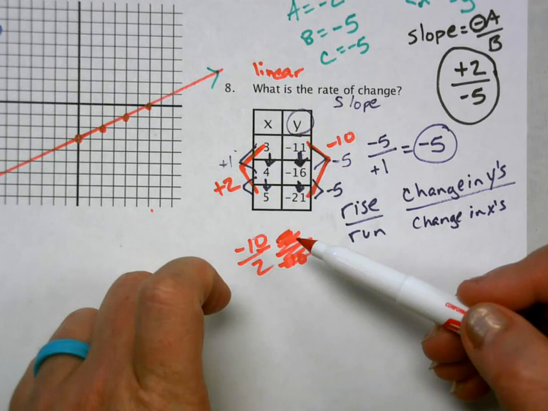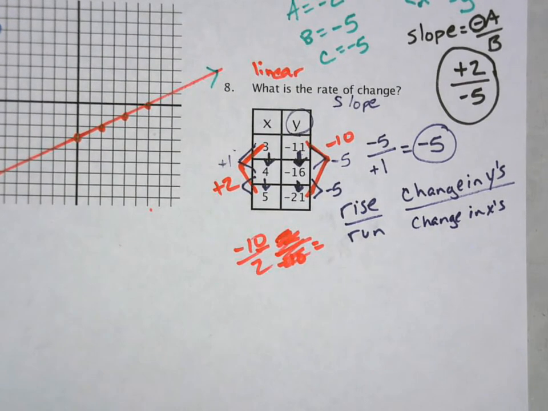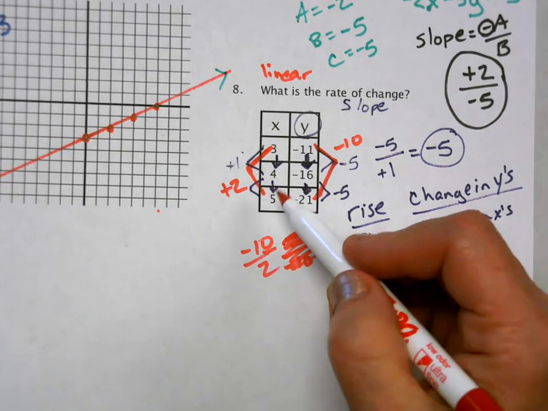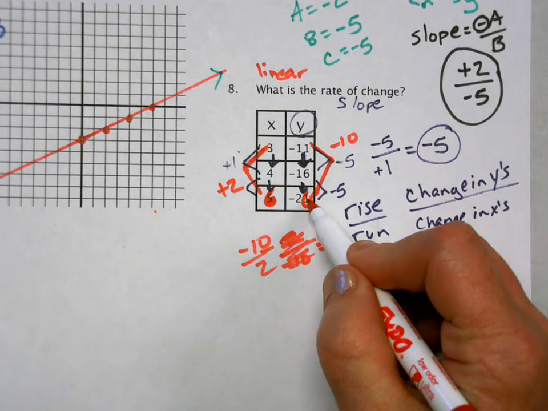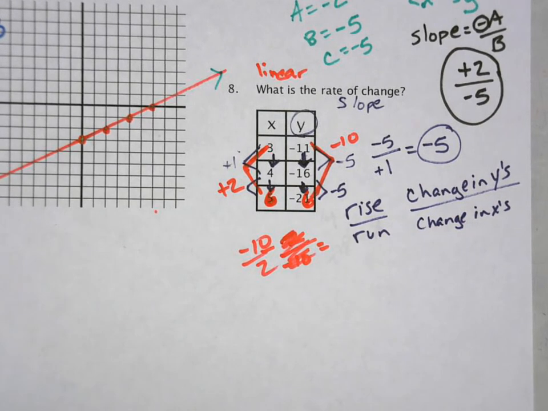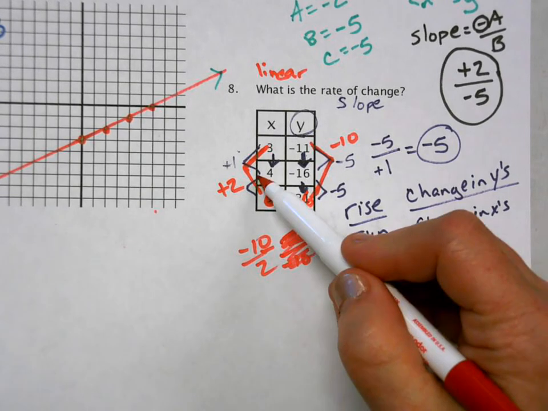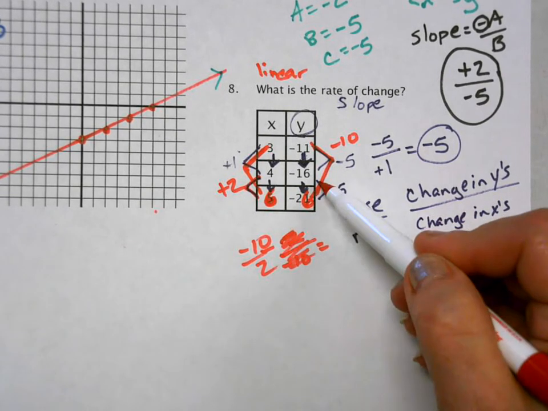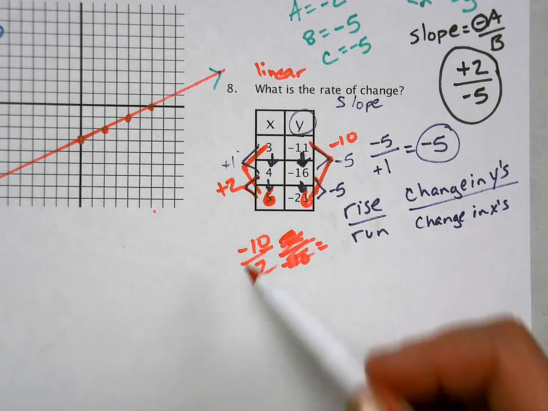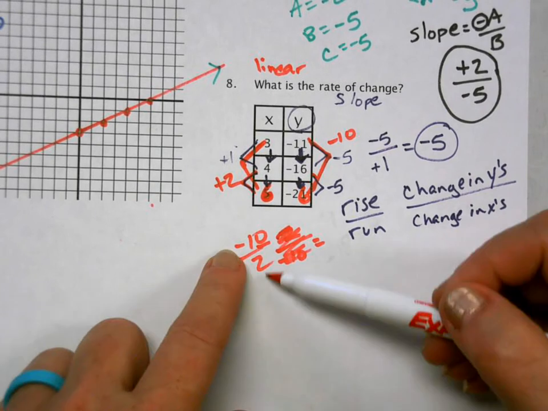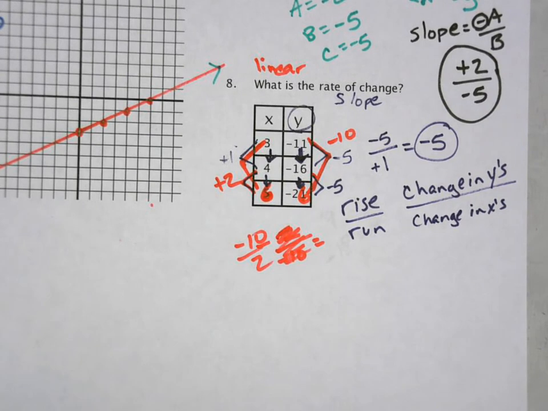Negative 23 wouldn't follow our pattern, so that would not be our number. We could skip, though. This could have been 6 and 26 because that would have still followed the pattern. Even though we would have gone plus 2 and minus 10, it would have reduced.